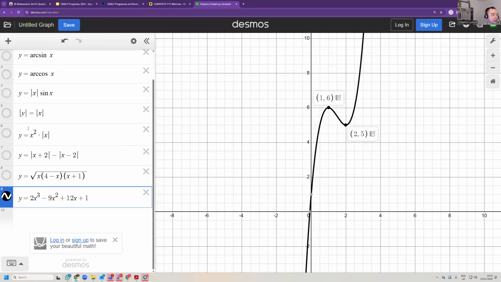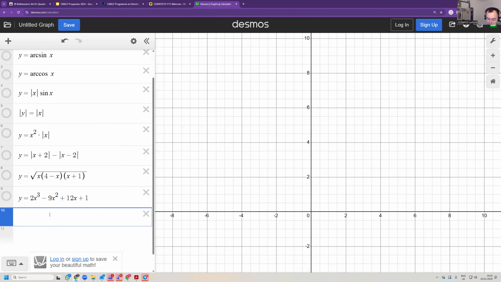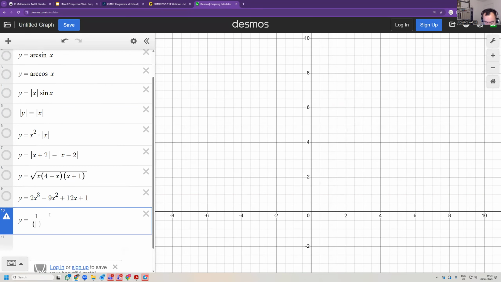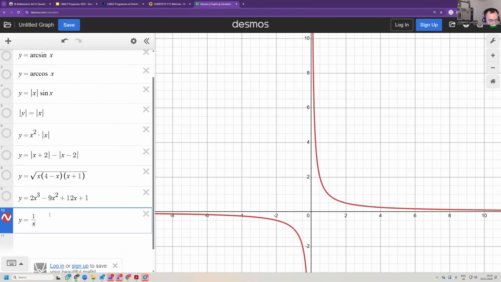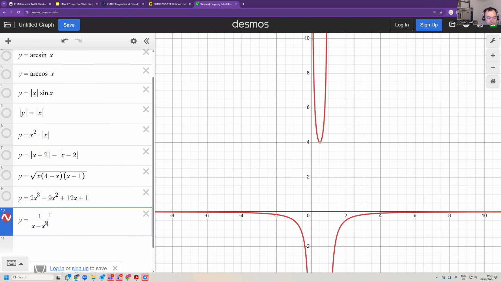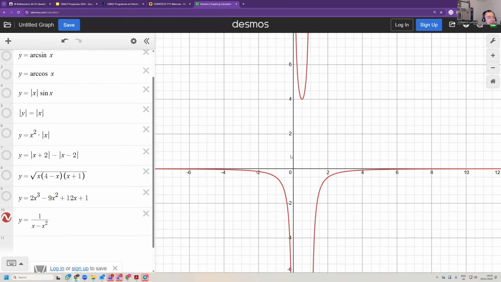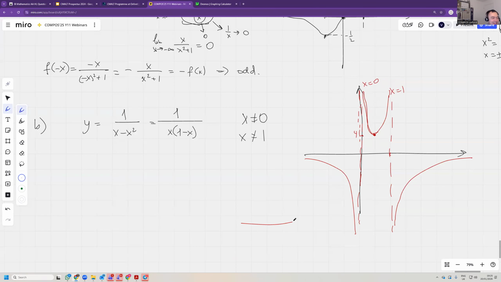Let's check. I might have made a mistake of 1 over x minus x squared. Oh, here it is. Yes, the minimum point is 0.54. Then we have these asymptotes. So I wasn't wrong, which is nice.